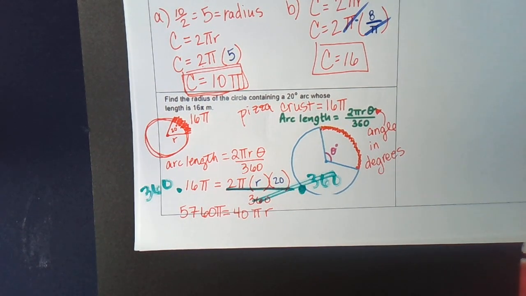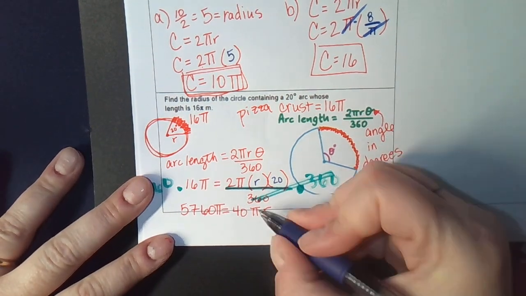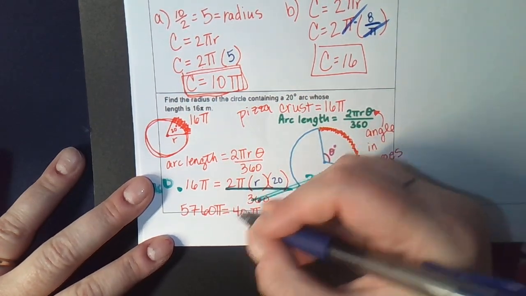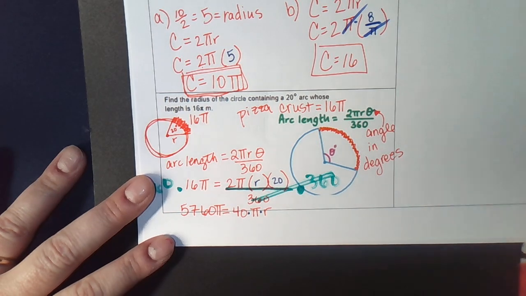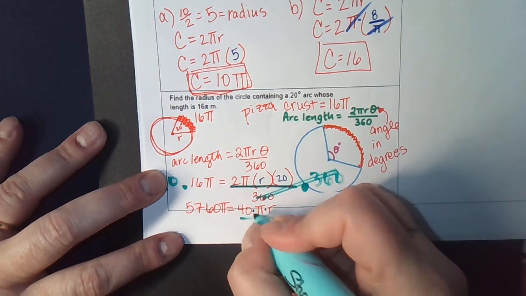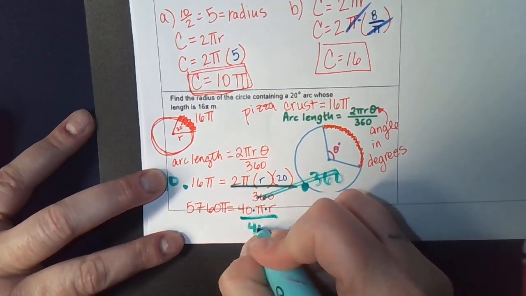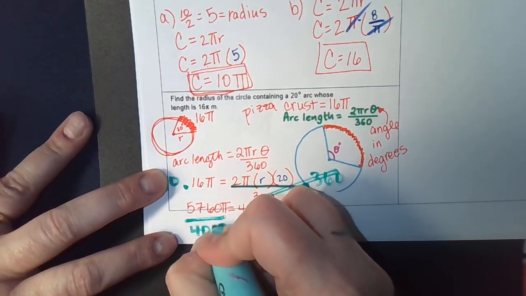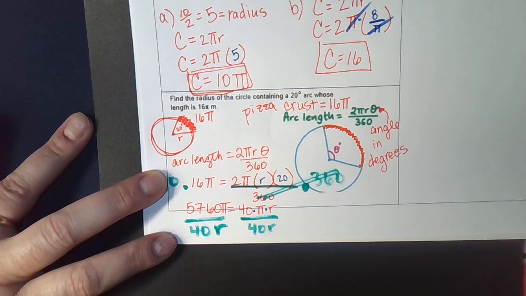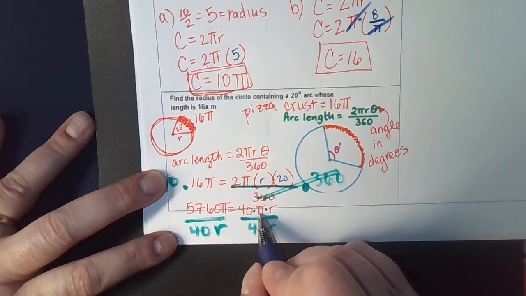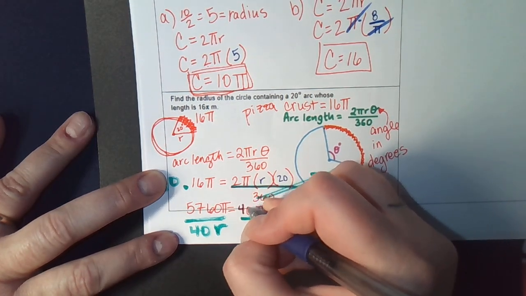Okay, so now let's get r by itself. How do we get r by itself? Well, we have to ask ourselves, what is this 40 doing to the r? It's multiplying. What is the pi doing to the r? It's multiplying. My bad, what's the opposite of multiplying by a 40 and a pi?